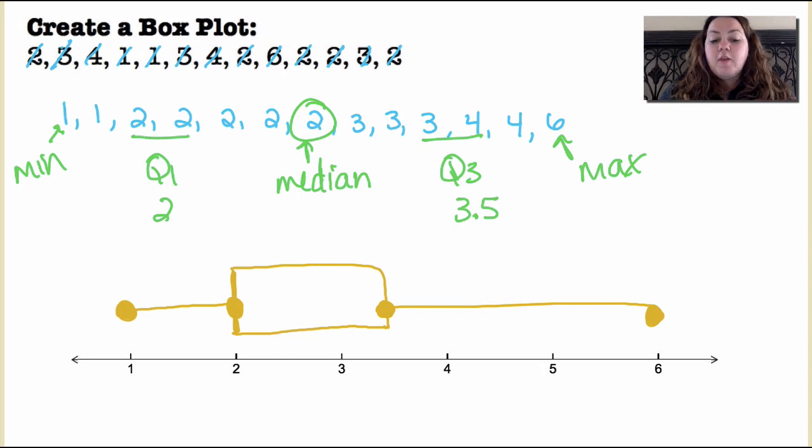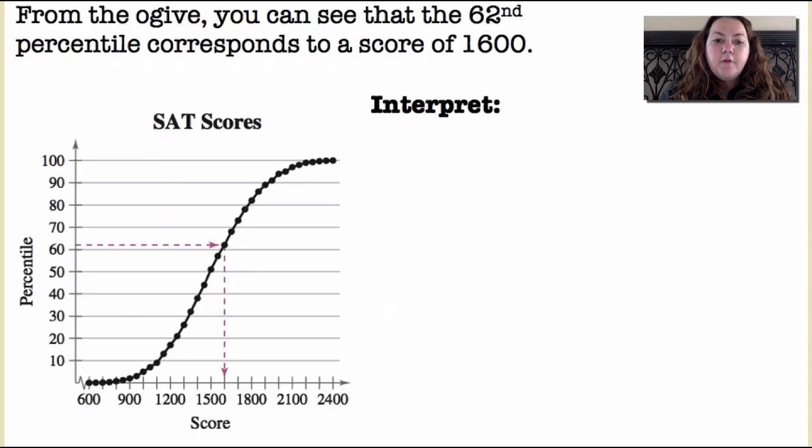So I have 50% of the data between 2 and 3.5. I also have 25% just between 2 and 2, the first box.